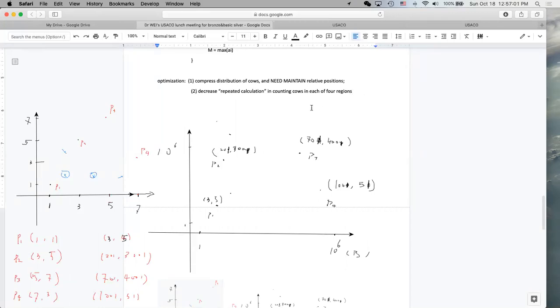Okay, that's the second area we want to optimize. So here the solution for the first one, let me document, we already did that. And for this one, just by pre-processing.